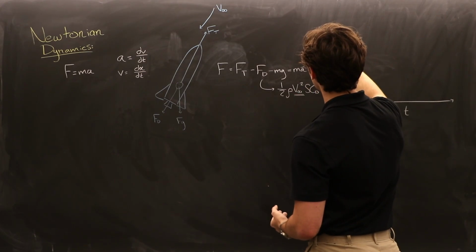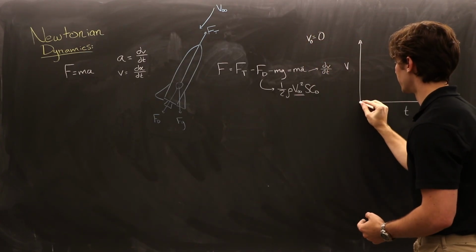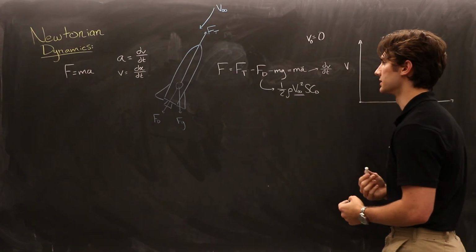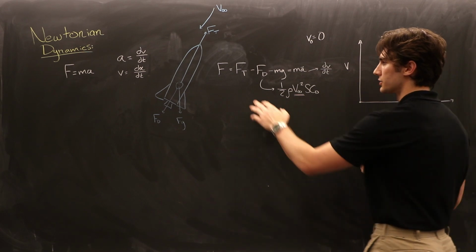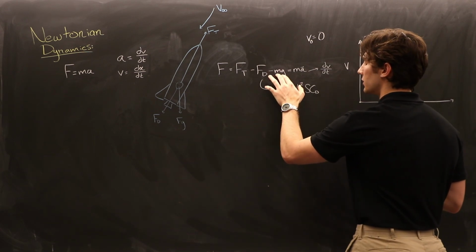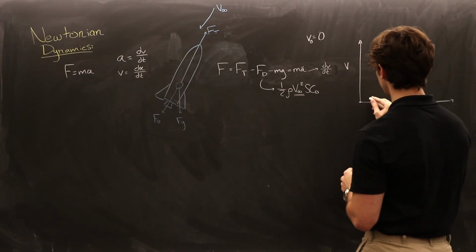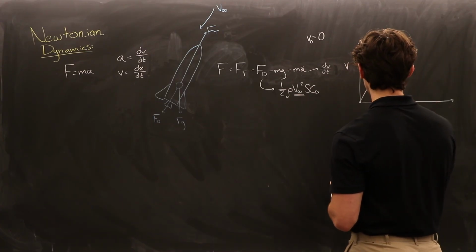We know that our initial velocity will be 0, so we're starting at this point here. Then we'll go forward a tiny bit in time and assume that there's no drag because our velocity is 0. So we have our thrust and we have our gravity, and we just use those to find what our new velocity is. And say we get something that looks like this at time t1.